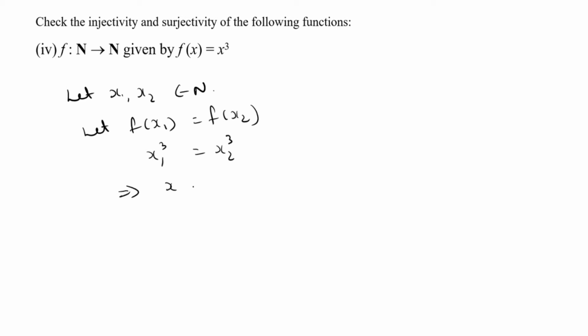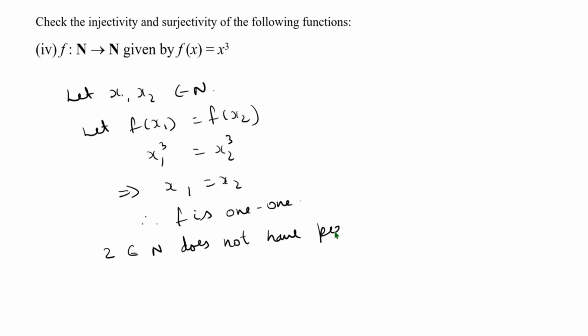From this we get x1 is equal to x2. Therefore f is one to one, that is, injective. On the other hand, if we take the natural number 2, it belongs to N but it does not have a pre-image. So f is not onto. Therefore f is not a bijection.